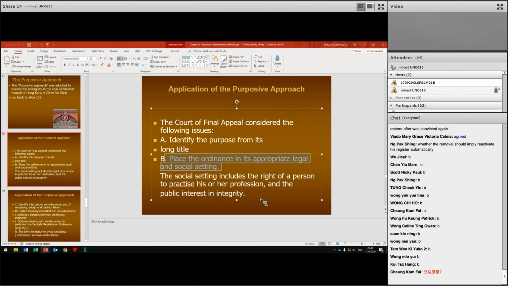So the professional body should not stop him from practicing without good reason. But we also have to balance the public interest. Why? Because we have to protect the public. We have to protect the citizen. We have to protect them from some bad guy of the profession.